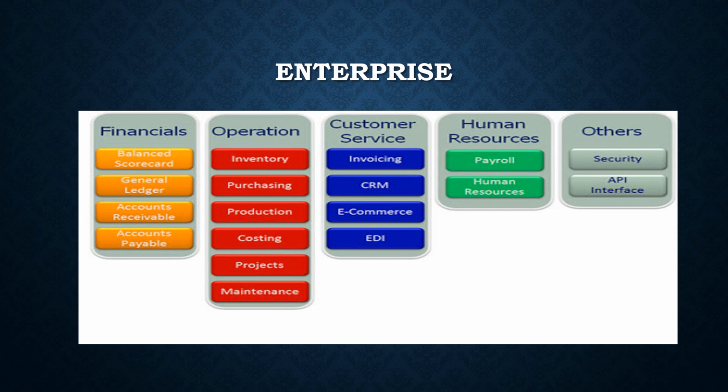Operations: various operations are performed in the enterprise, like inventory, that is stock related operations, purchasing operations, production operations, costing operations, project operations, and maintenance, that is services provided after sales activities.